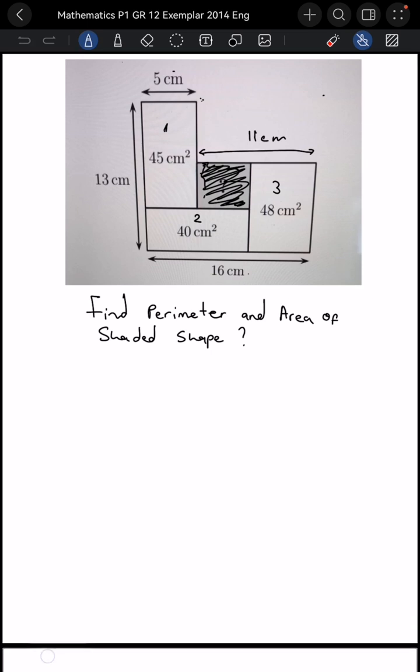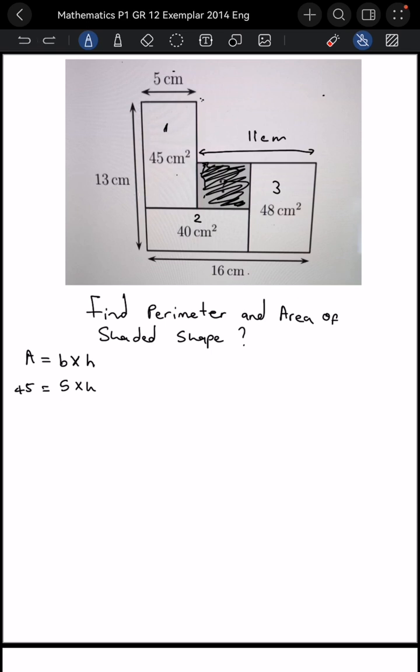We start. Area number 1 is equal to base times height. Area number 1 is equal to 45. The area of this one is 45, where the base is 5 centimeter times the height, which is this one, which I don't know.